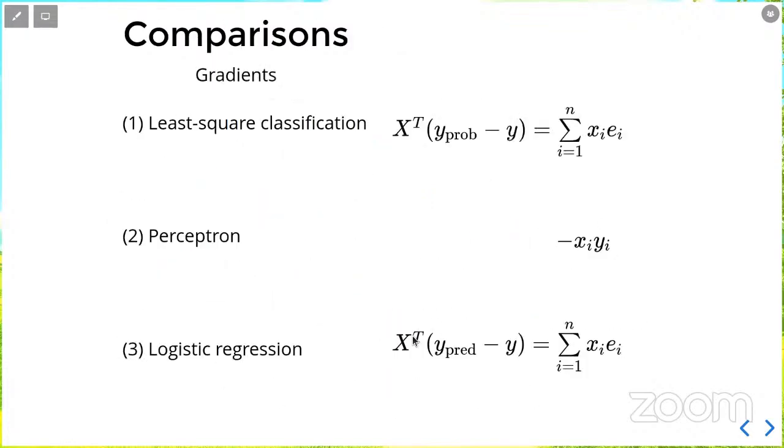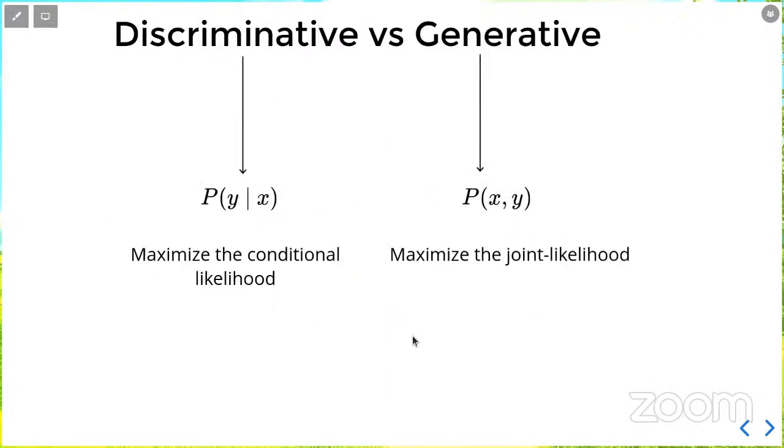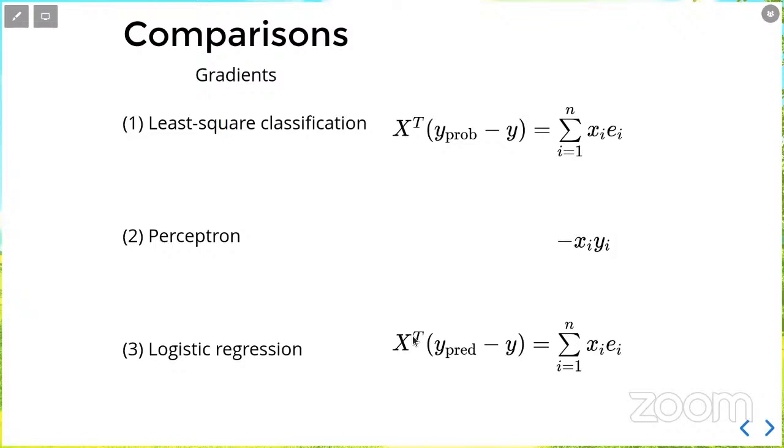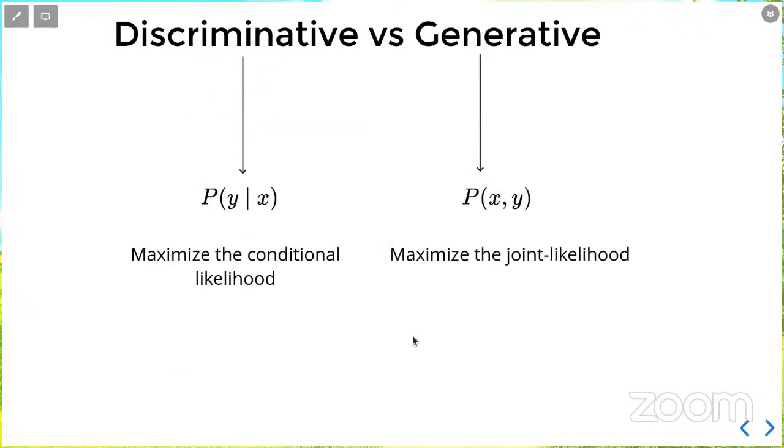Sir, besides sigmoid, aren't there any more functions which take the data and map it between 0 and 1? Not between 0 and 1 that I know of, but there are a few more functions that we'll be studying in week 12. For example, there is one function called tanh. Yes sir, but that is not 0 and 1, right?